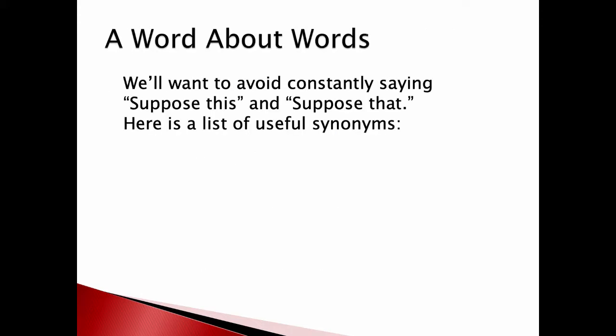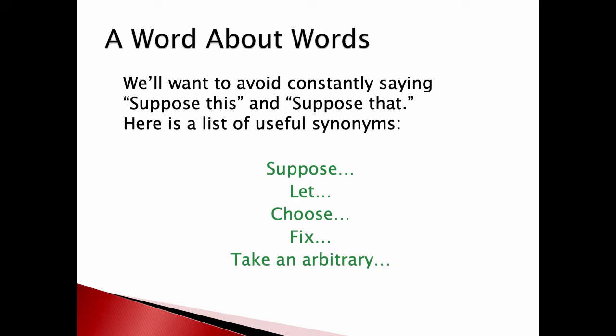Okay, well, you also noticed that I started out my proof, and I've used several words to separate the equations and things, like suppose and so forth. It's important maybe to take a second and talk about words, because we will probably not want to constantly say suppose this, suppose that. So here's a list of some synonyms you might use.